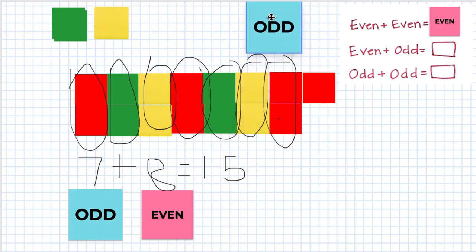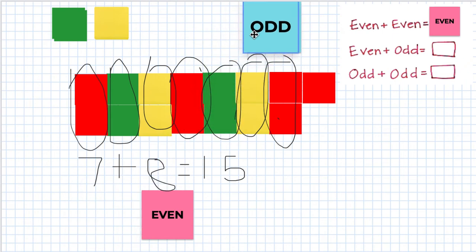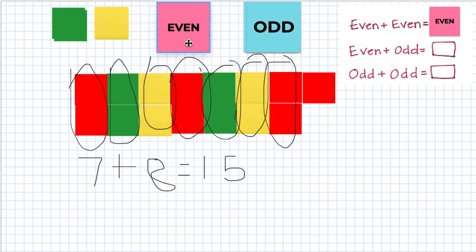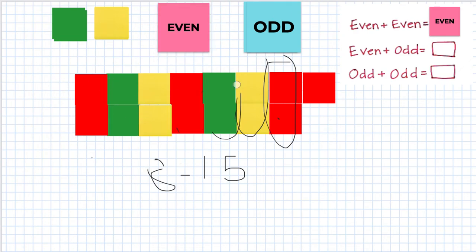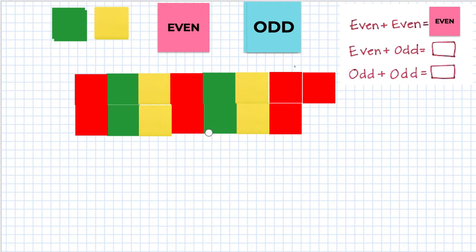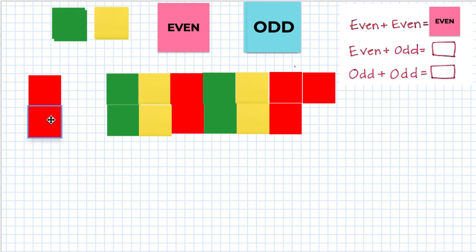So let's try it again with 2 odd numbers. I'm going to erase, and I want you to think while I'm erasing, is an odd number plus an odd number going to give an even sum or total or an odd sum or total? So I'm going to separate this out again.